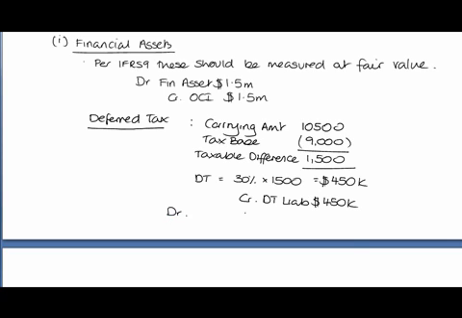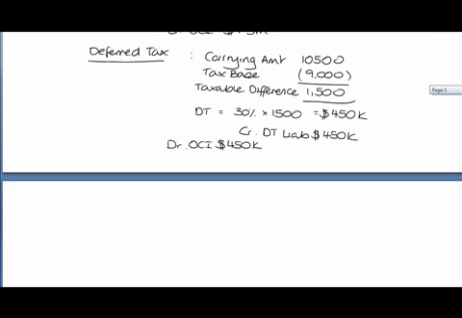What should we debit? OCI. Why OCI? Because of the consistency principle: if the gain is taken to OCI, the tax on the gain should be charged to OCI. So that's 450. That's item number 1.